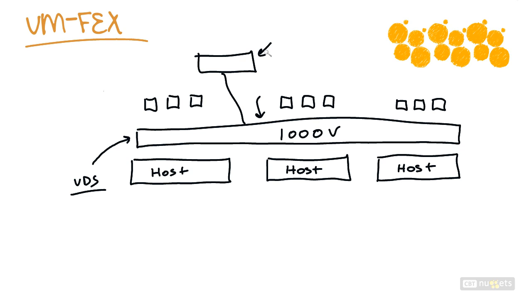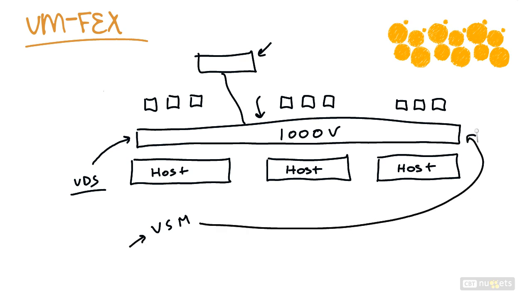The 1000V functionality is split into two components that I want you to know. There's a virtual supervisor module. Okay, this is our control plane component. And then there's the part that it manages that everybody's connecting to, and that's called a virtual Ethernet module.